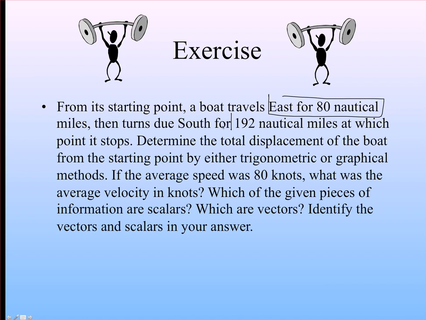We're given an average speed, which is a scalar. And in our answer, we found an average velocity, which is a vector. And we found a displacement, which is also a vector.